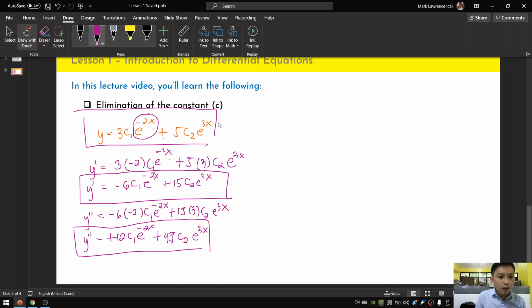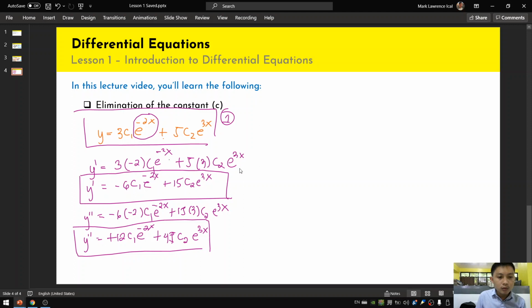So we have equation 1, equation 2, and equation 3. And our goal is to eliminate C1 and C2 in each of the equations. Now, there is a technique, which is the matrix style. So all you need to do is rewrite this again. First step is to equate all of them to 0.